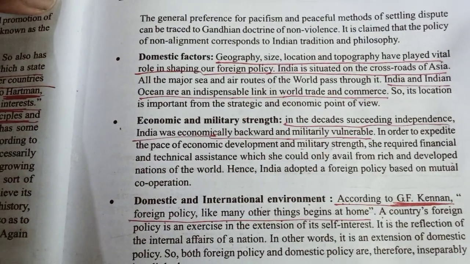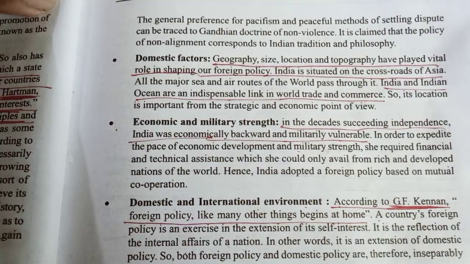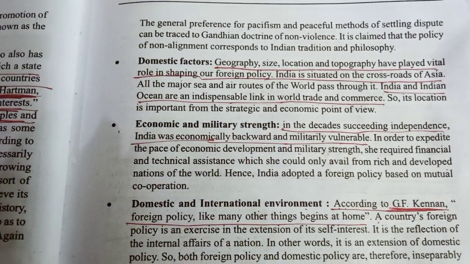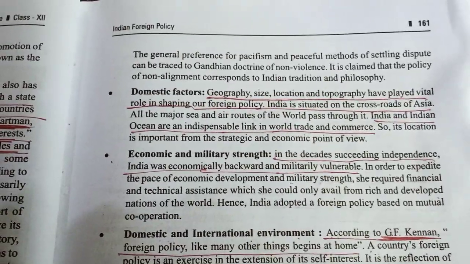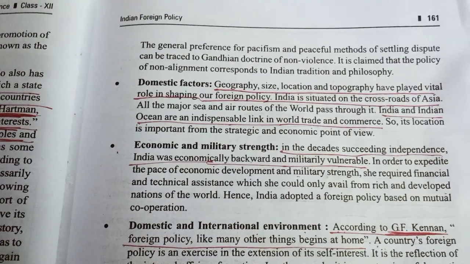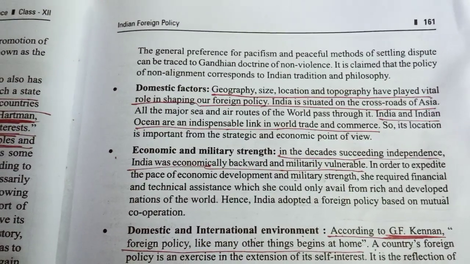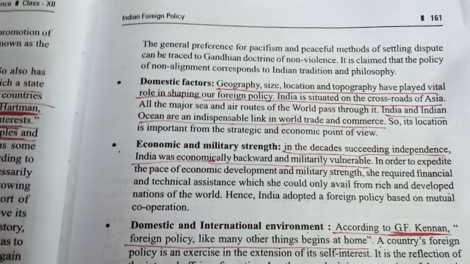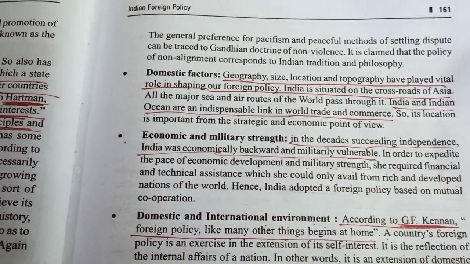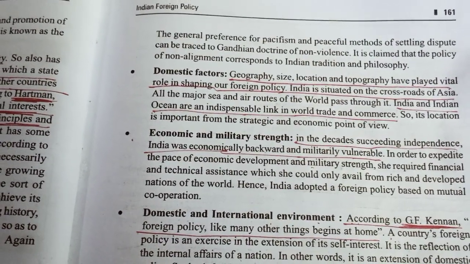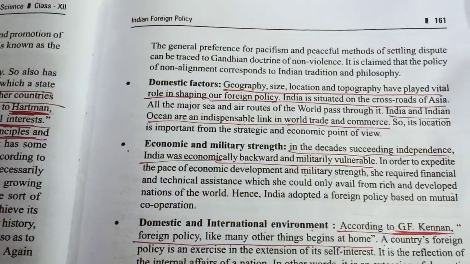So this factor is also very important for foreign policy because India has a unique geography, size, and location, which play a very important role in shaping our foreign policy. India is situated in such a position in Asia that no country can ignore us. And India is an indispensable link in world trade because of its position and the Indian Ocean.